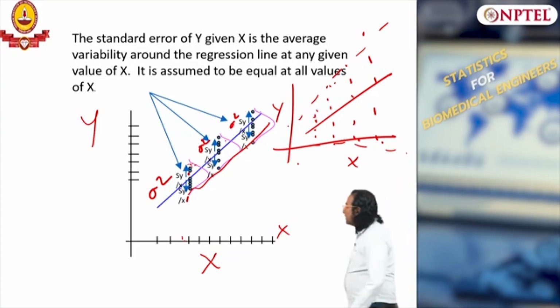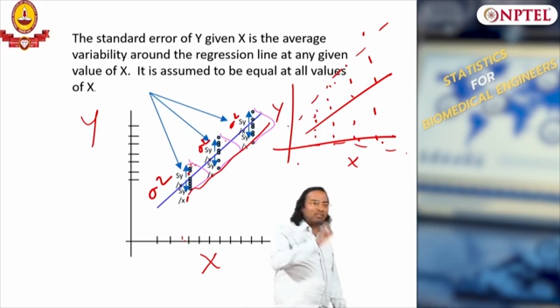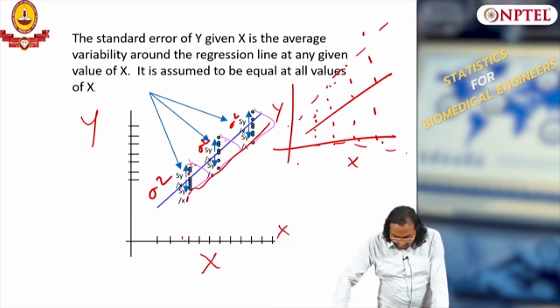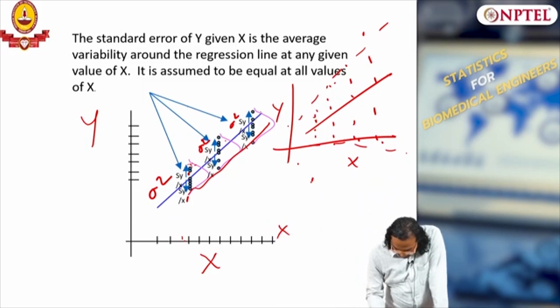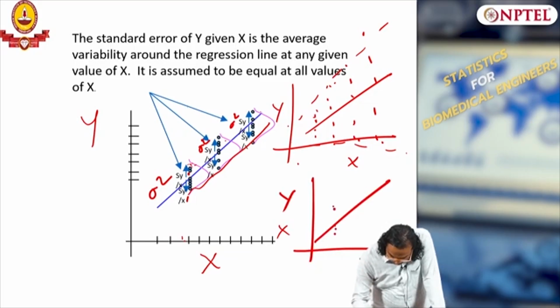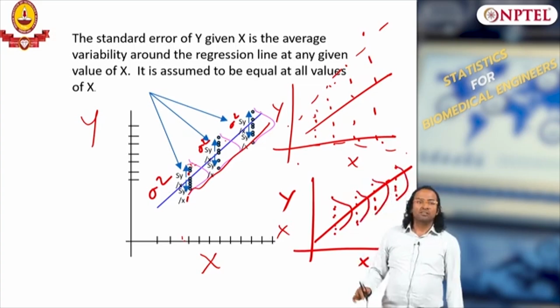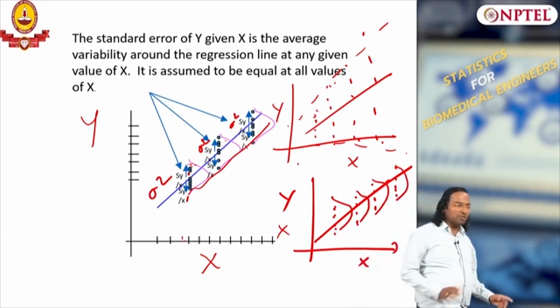So, you understand what I mean. The variability is kind of fixed and all of them follow a normal distribution. The variance is fixed to be sigma squared.